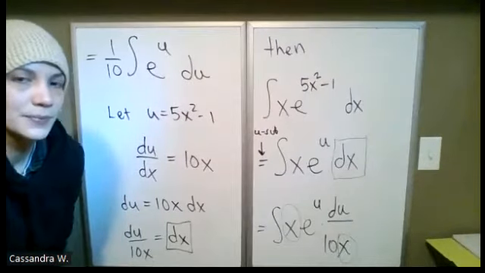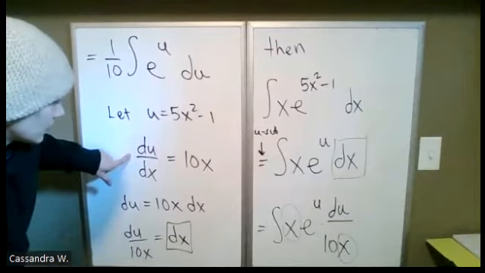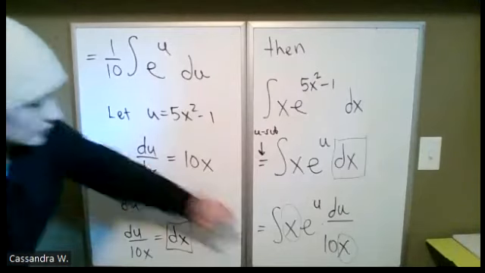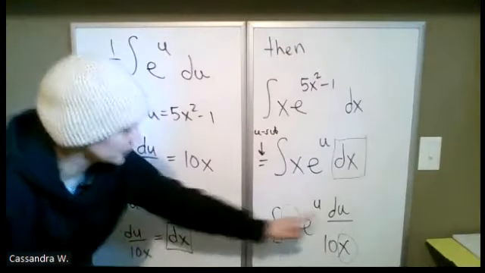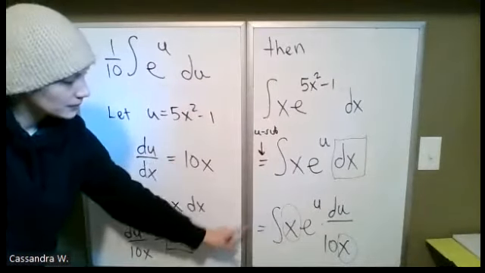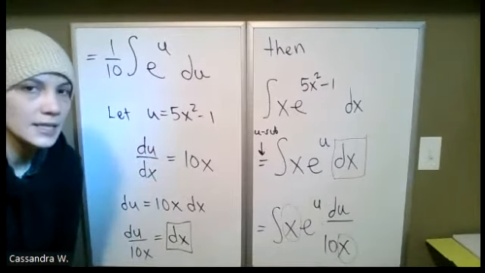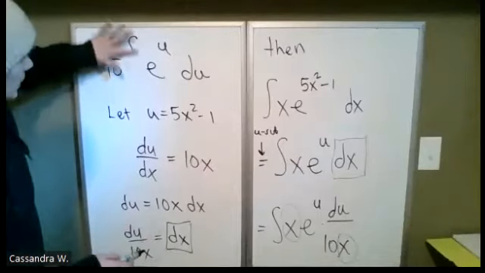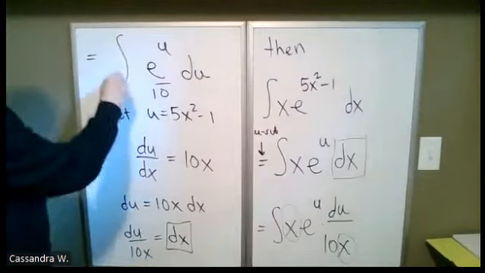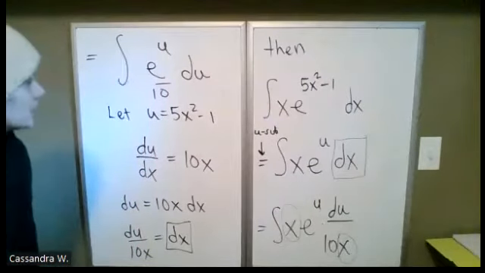Okay, and so you multiply x with du over 10x, and eventually the x becomes 1, and you keep the du on that side, but 1 over 10 still means the same thing, right? Yeah, you can keep it inside the bracket or outside the bracket. It's the same. Okay, thank you.